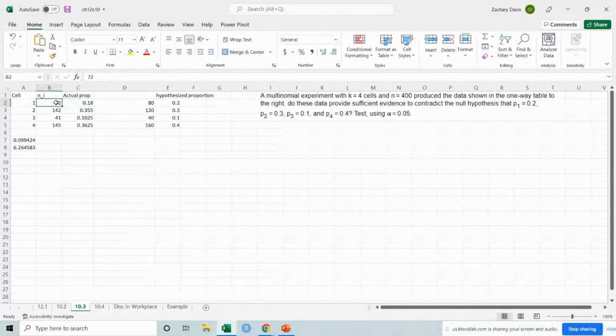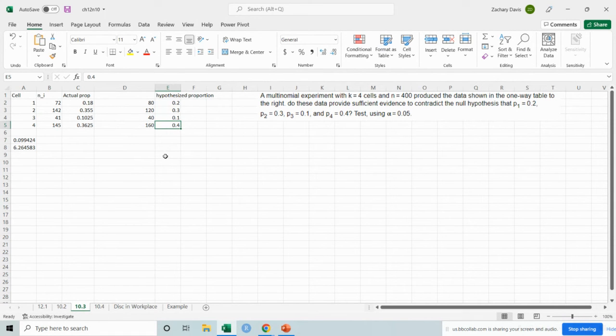So we want to test these proportions against their hypothesized ones. The null hypothesis was P1 equals 0.2, P2 equals 0.3, P3 equals 0.1, and P4 equals 0.4.